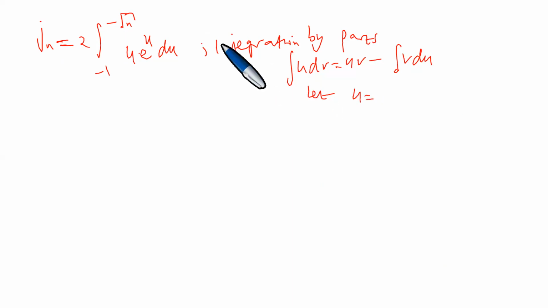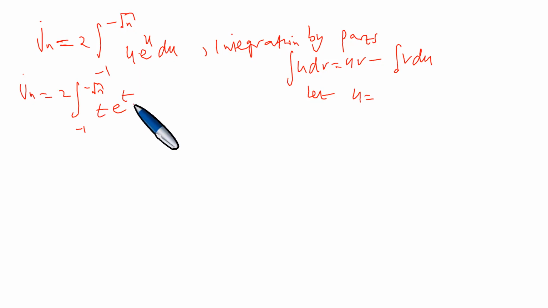Because you already have u here, and this one is also u, it's not nice. It can give us some problems and you can get confused. So you can change the variable and use a different one. Use t. Then t is u.